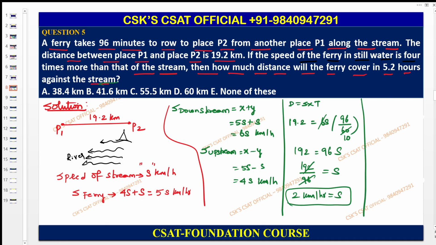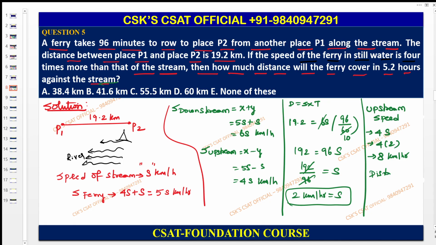So you have found the speed of the stream. After knowing that, we can find out the upstream speed, which is 4S. Substitute S as 2, 4 into 2 is equal to 8 kilometer per hour.